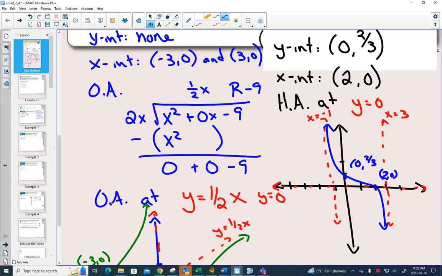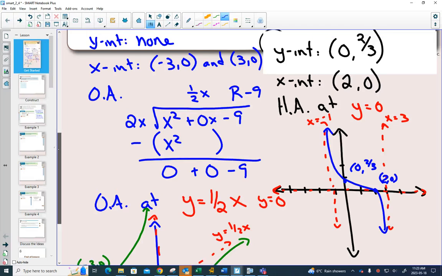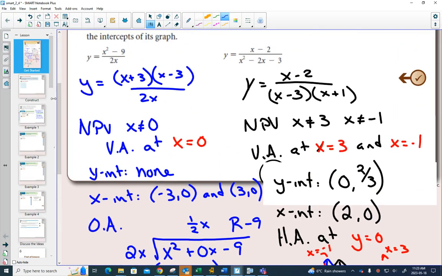And if an x-intercept has a multiplicity of 1, then your graph goes straight through. So we can use that information from chapter 1. How do we know that it has a multiplicity of 1? Well, if we look at it here, it only happens once. If you had x minus 2 squared up there, there would be a bounce.